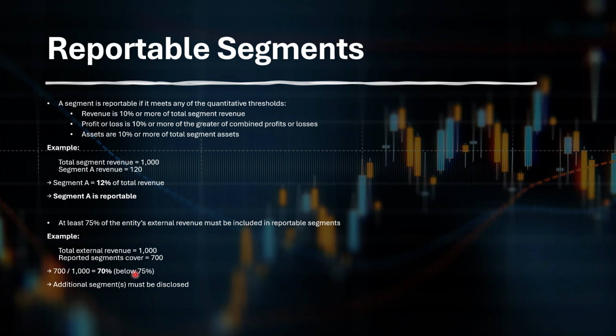Because of this, the company must disclose additional segment or segments until at least 75% of total external revenue is covered. So if this percentage is not met, they will report additional segments even if they don't meet the above 10% thresholds.